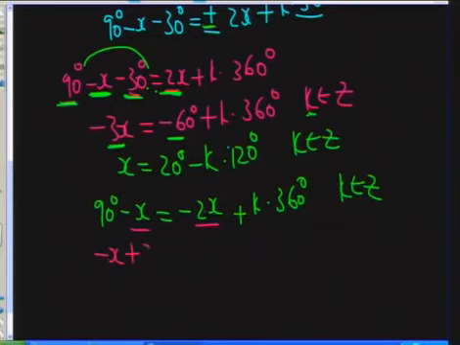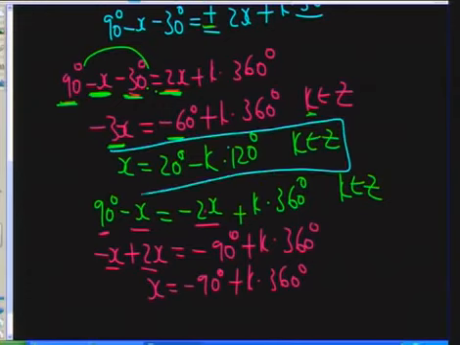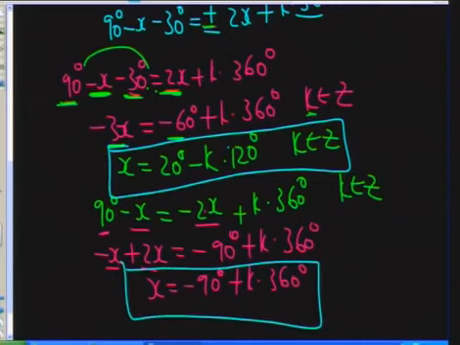This becomes positive x. I move the 90, it's minus 90, plus k 360. Then I add the 2, then x equals minus 90 plus k 360. Great, guys. Then I have my two general solutions, this general solution and this general solution for this problem.